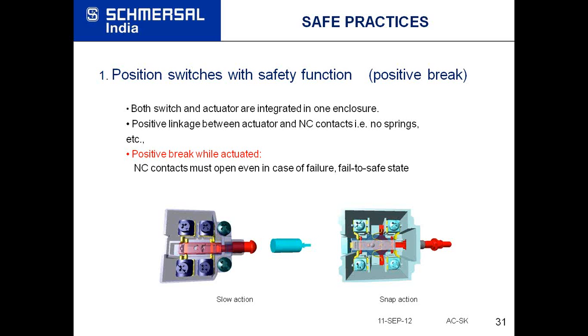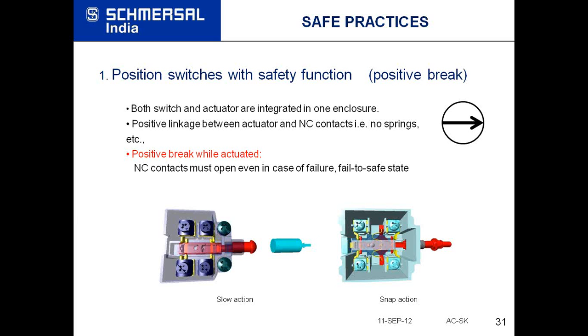So just keep in mind, whenever next time you implement safety, and if you use any of those electromechanical devices, ensure this arrow in a circle mark. It will guarantee you that this is a fail-safe product. I will take an example here. Suppose the NC contacts are welded or stuck because of any reason.